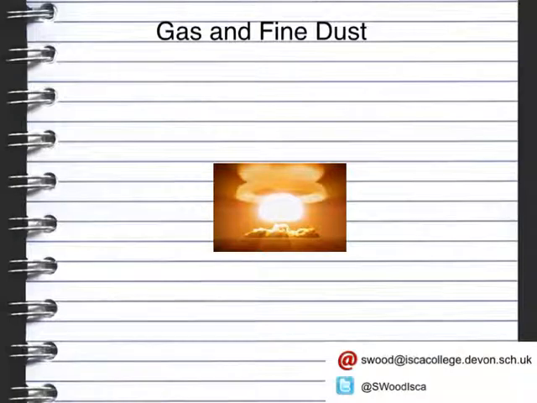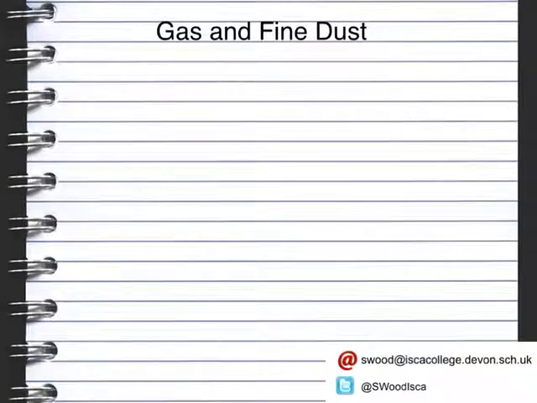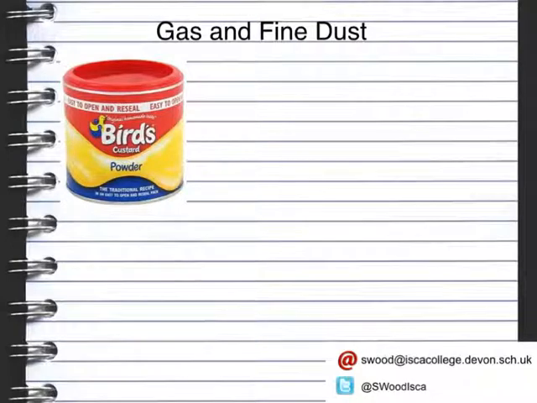Now we do need to be aware of various different situations where there could be flammable materials. With the production of some materials such as custard, custard is a very flammable material.